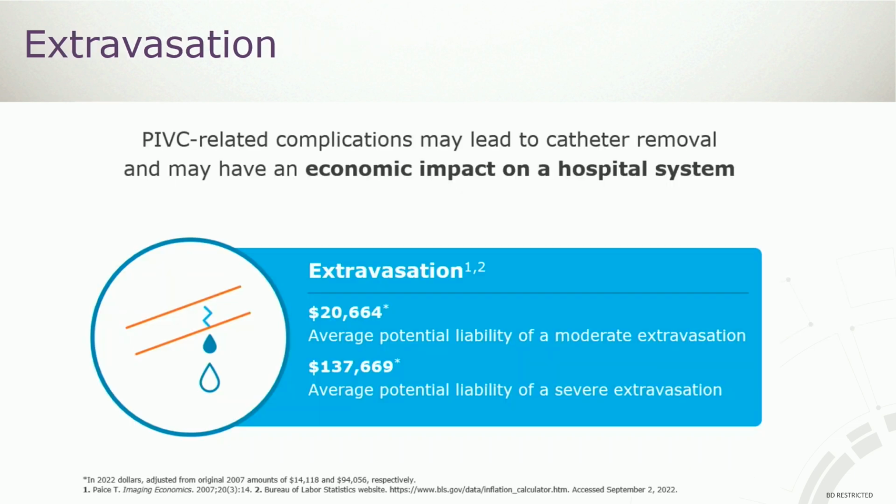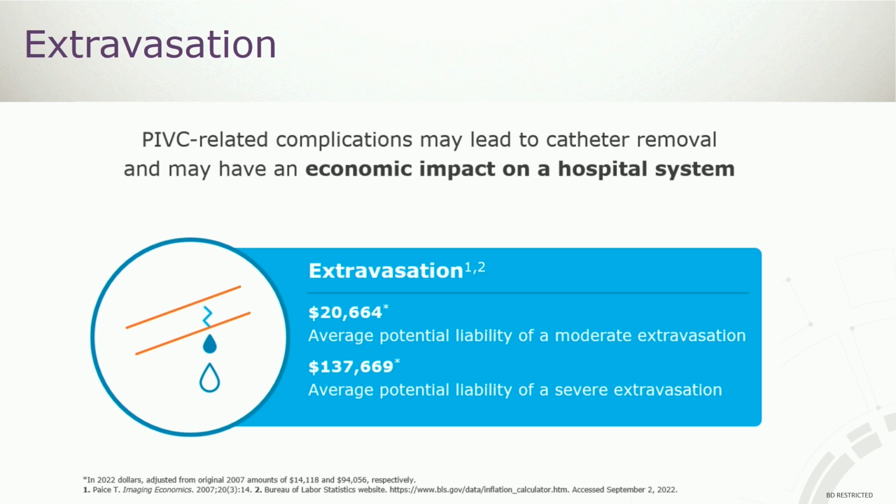So I think this is the real reason why we've adopted this at our institution as kind of standard of care. You really want to avoid any extravasation accidents or adverse events. These can be quite costly for the health system. And you really want to make sure you're aware that you're using catheters, especially in CCTA, that are going to reduce that burden or the risk of that happening.